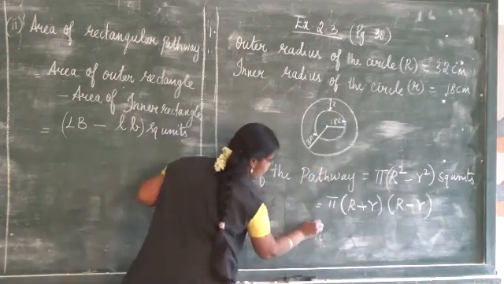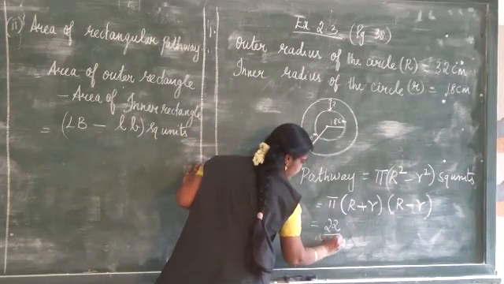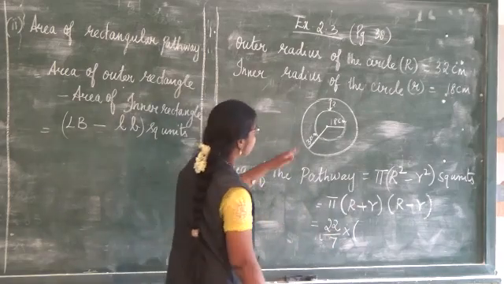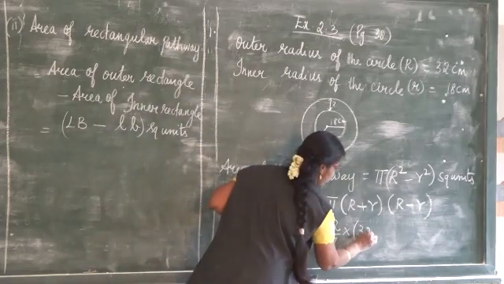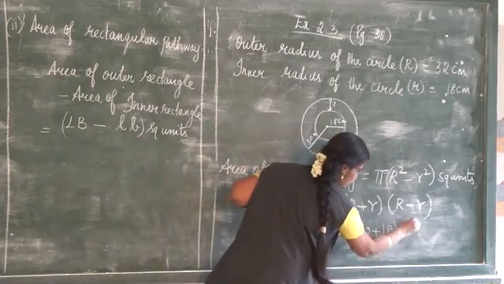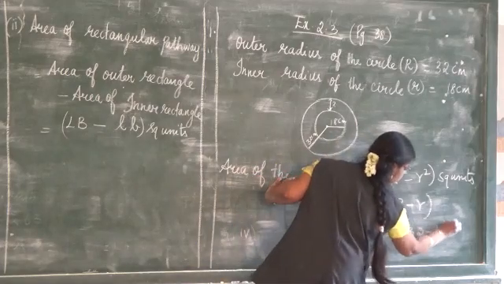So this is equal to, the value of pi is 22 by 7, into the value of capital R, 32, plus the value of small r, 18, into 32 minus 18.